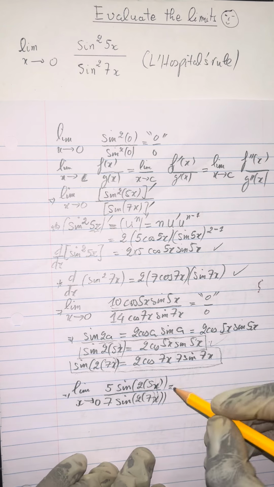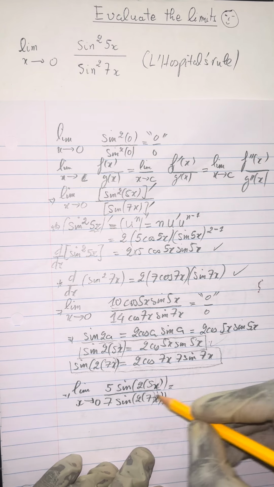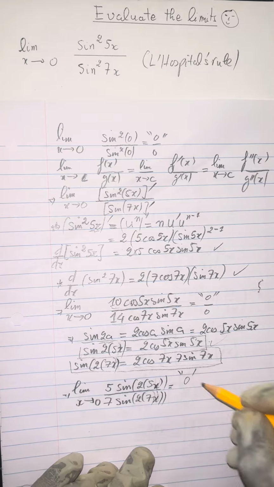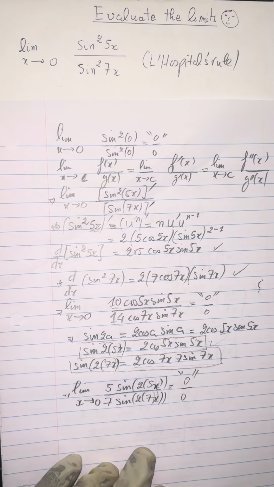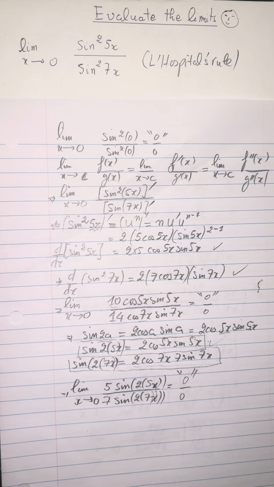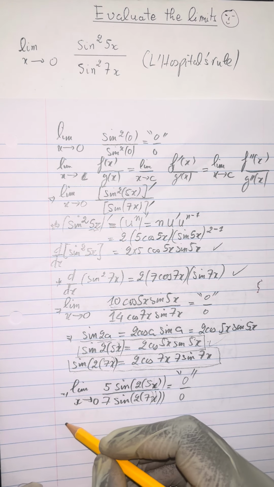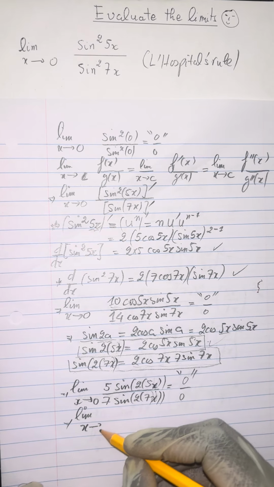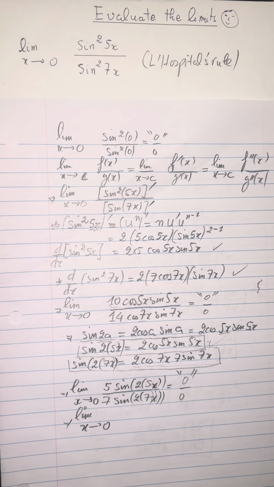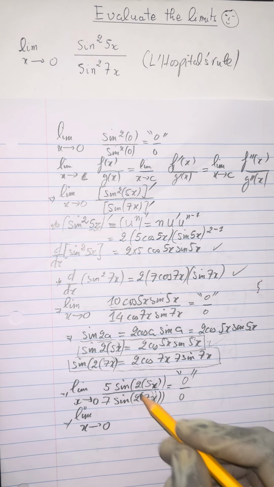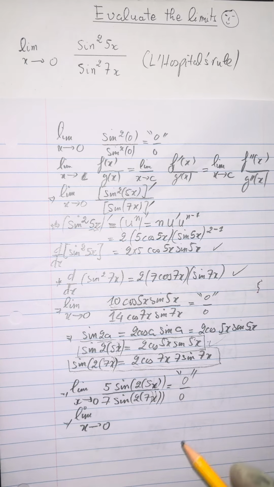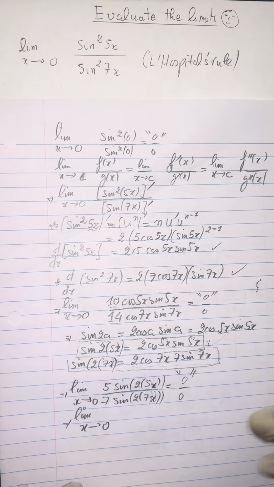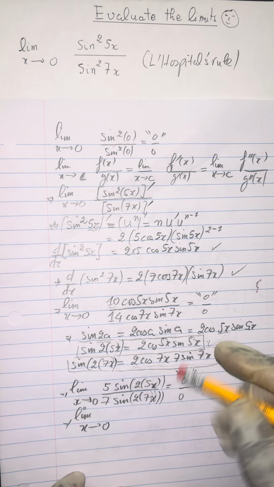Again, if you plug in a 0, you're going to be left with an undetermined form, which means we can go one step further, evaluating the derivative one step further. So let's go ahead and find the derivative once again. Limit as x approaches 0. Now, what is the derivative of 5 sine of 10x, because 2 times 5 is 10? Let me rewrite this.